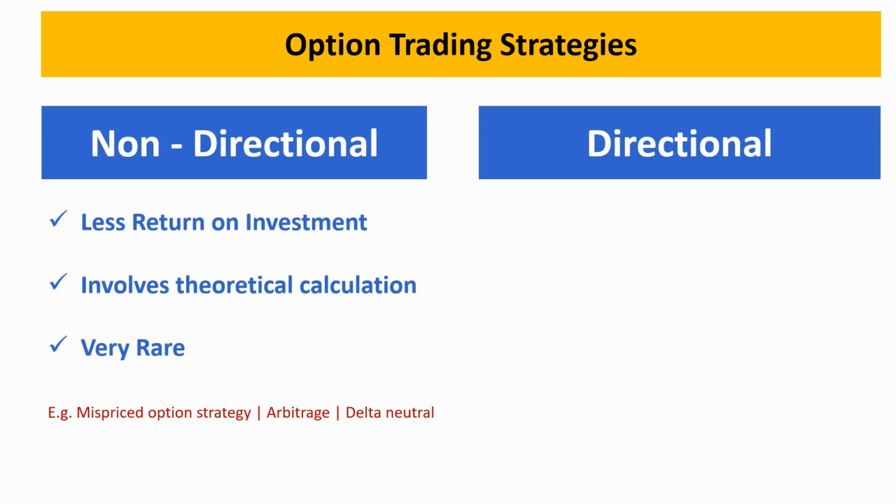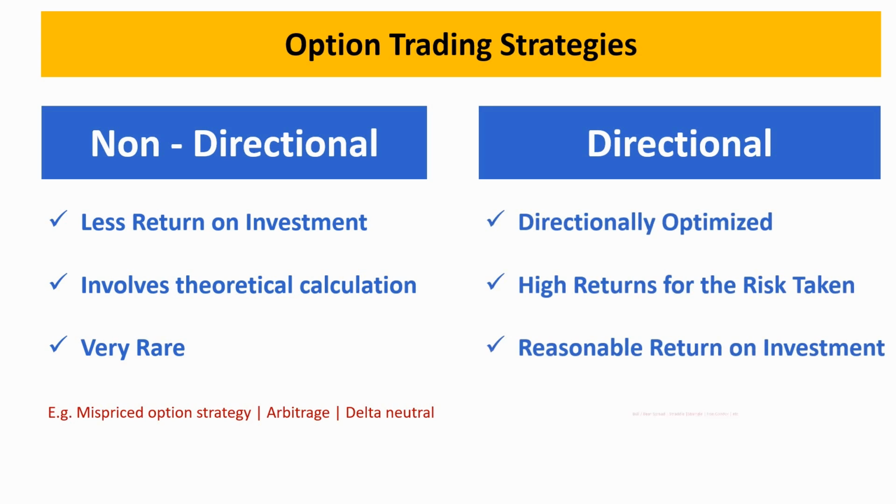There are mispriced option strategy, arbitrage, delta neutral, but we also have something called directional option trading strategies. When it comes to directional option trading strategies, it is optimized on a directional perspective. So you need to know where the market is really heading to, then you can achieve good returns.